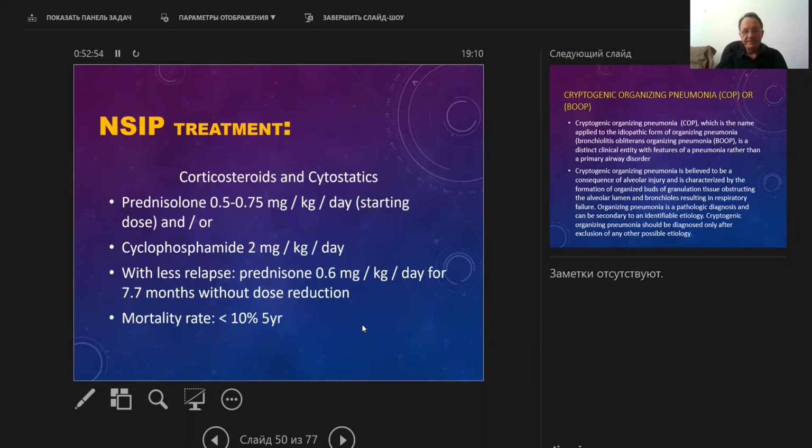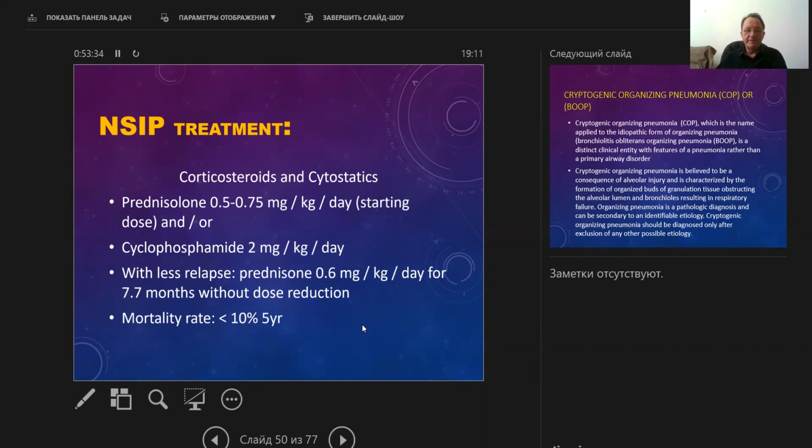What about treatment? We recommend for patients with non-specific interstitial pneumonia, if you exclude other causative factors, systemic corticosteroids like prednisolone in a starting dosage of 0.5 to 0.75 mg/kg per day, or cyclophosphamide, 2 mg/kg per day.